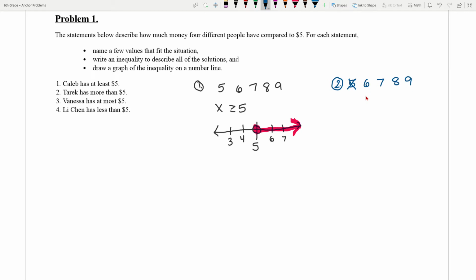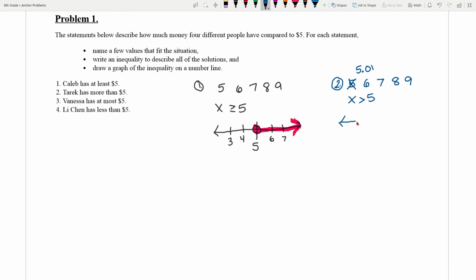And so the difference between Caleb and Tarek is Tarek's inequality is going to be written as x is greater than 5 or bigger than 5, because here's another number that's true that we didn't write. Well, $5.01. That's true. And so we're going to write this as x is greater than 5.